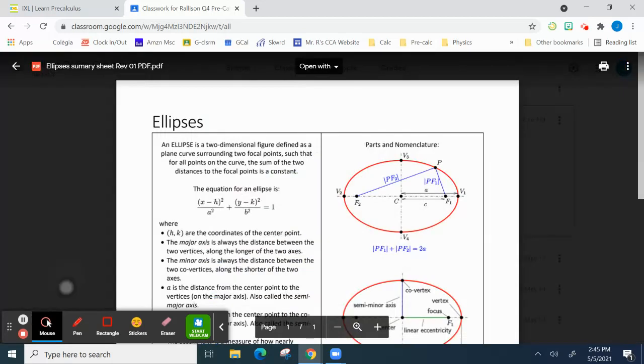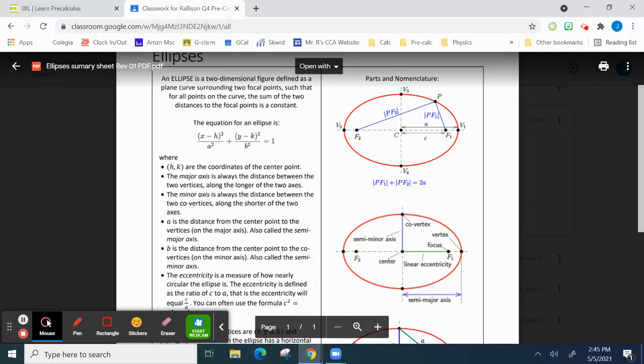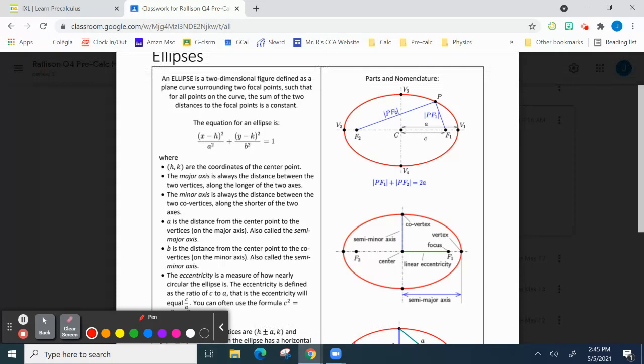It has everything you know. Just want to point out a couple things right as we start here. The main thing is that all the parameters that you're using have to do with which side is longer and which side is shorter.